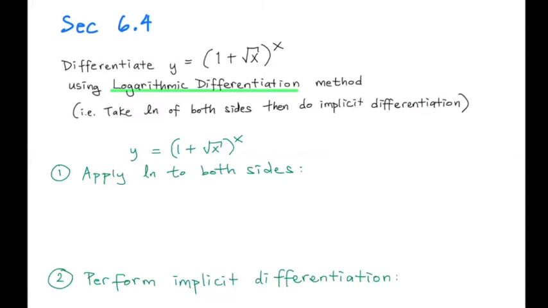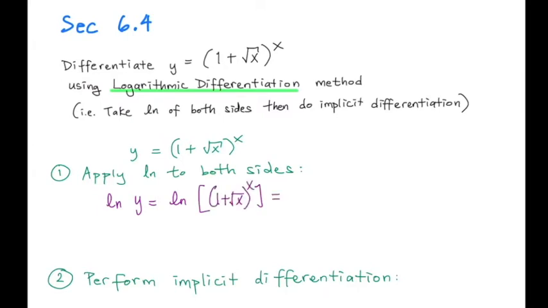From section 6.4, you're asked to differentiate by first taking the natural log and then do implicit differentiation. So first I apply natural log to both sides. So I have natural log of y is the natural log of the right-hand side.